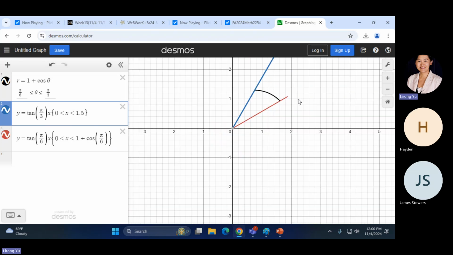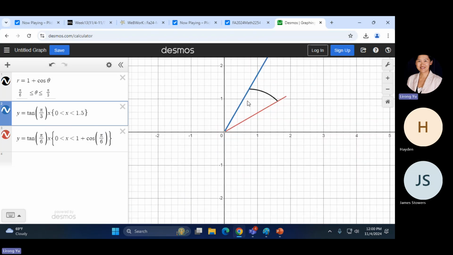It's a little large, weird. It should follow the formula. I would think it would follow, you put 1 plus cosine theta, right? It was right between pi over 6 and pi over 3. We're trying to find the area in this region, so I'm trying to put a boundary on the region.